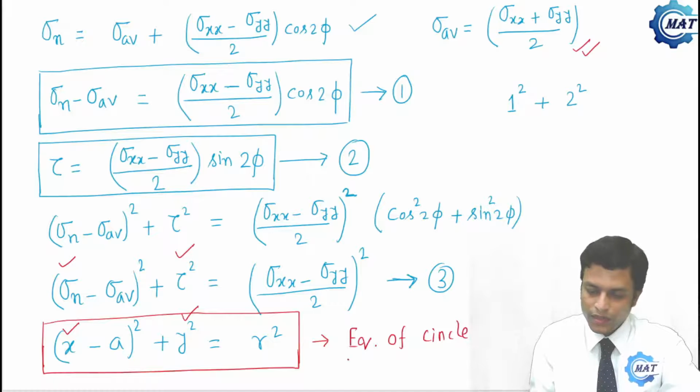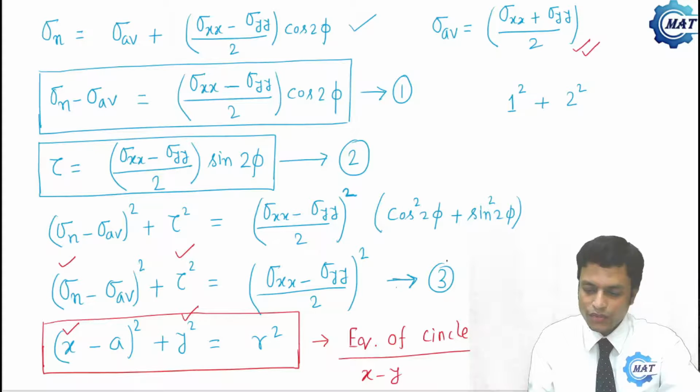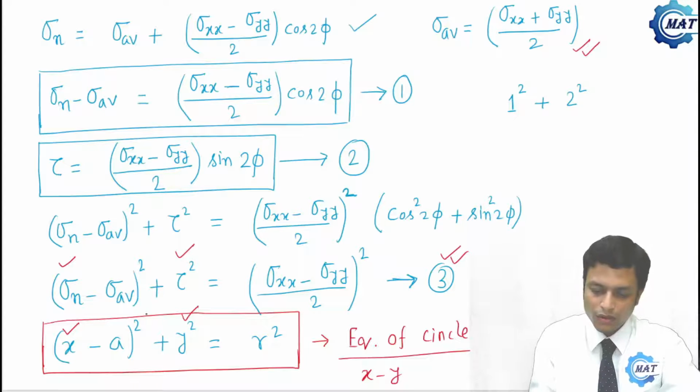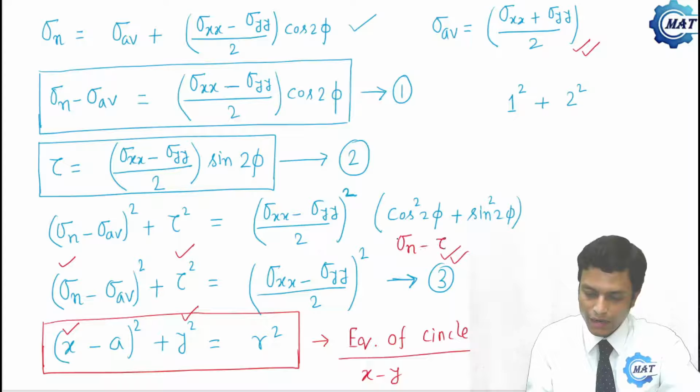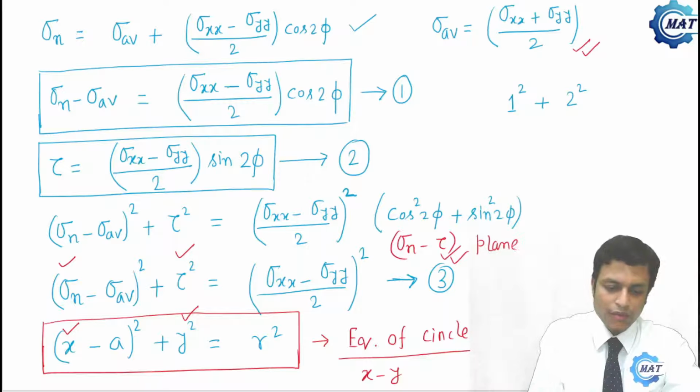This equation of a circle is in the xy plane. But here the stress equation, equation number 3, is on the sigma n tau plane. So now what have we got?